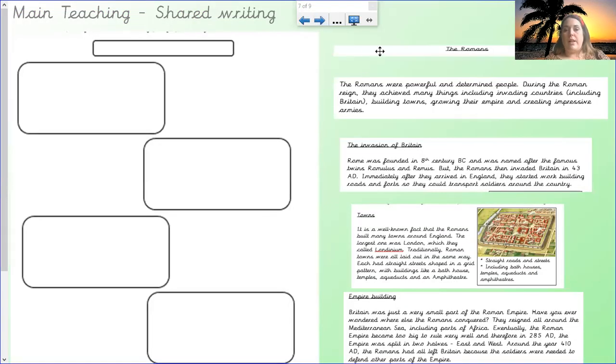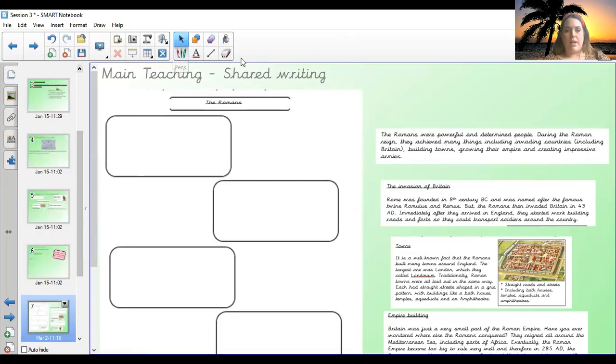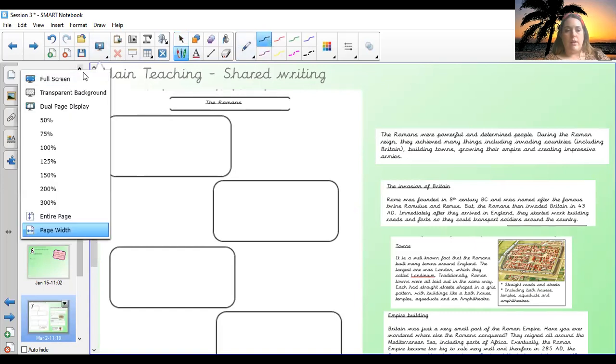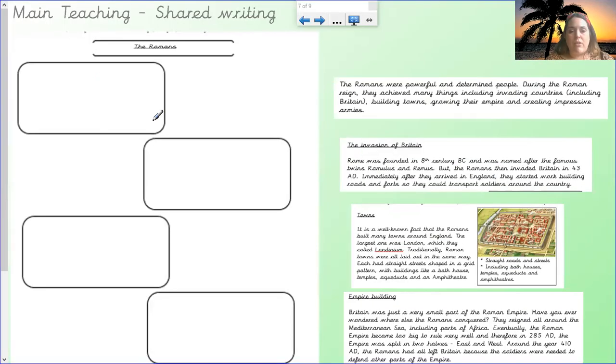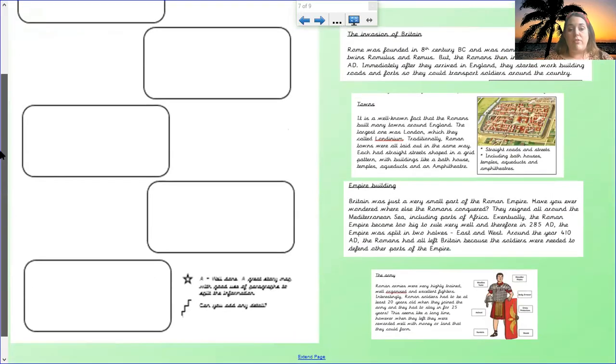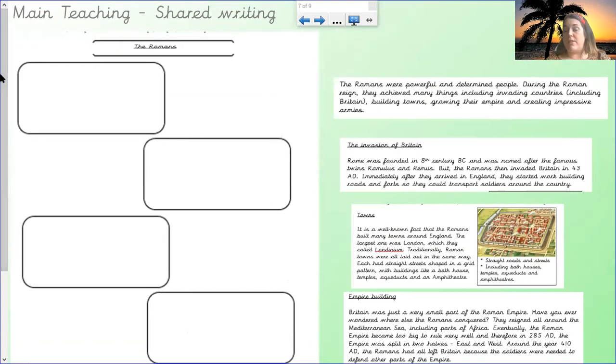Okay, let's have a go together then. To start off with, I'm just going to put my title in. I'm not going to draw that. I'm just going to put the title, The Romans. Let me get my pen ready. Right, the next paragraph, we're going to do our story map in paragraph format because we're learning about paragraphs this term.